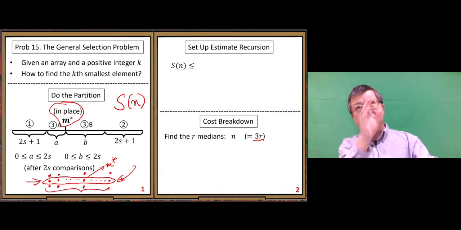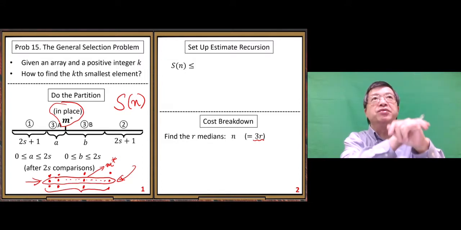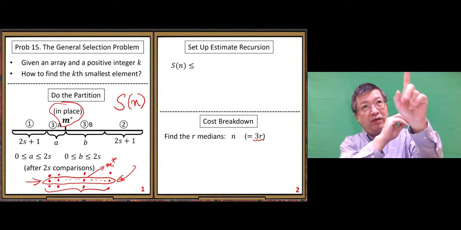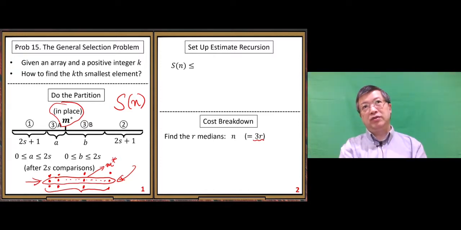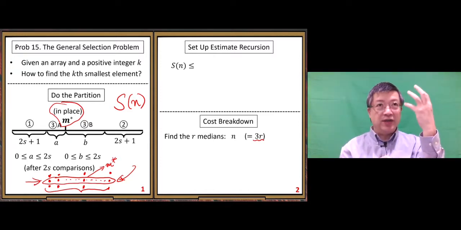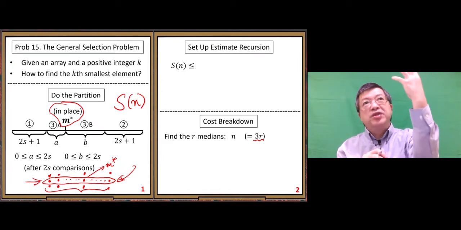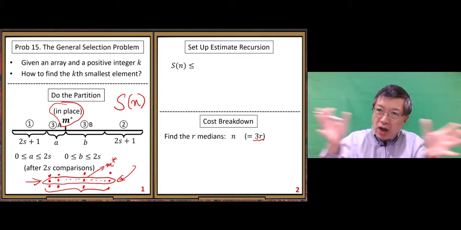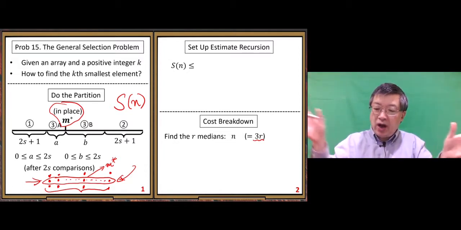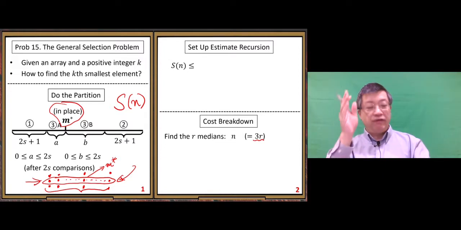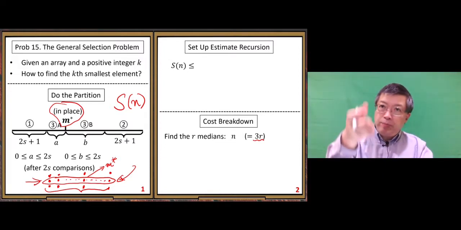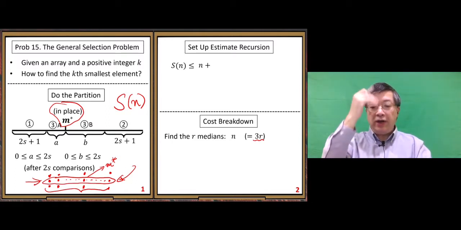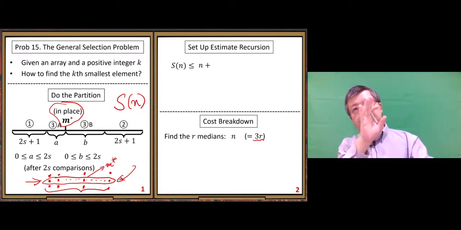To find a median in each group, how many comparisons do we need? 3. Remember, that is one of your homework questions. Each group uses 3 comparisons, and you have R groups, so R times 3, 3R, that is n. So the first term, let us put it back into our estimate inequality: n, plus the second term.